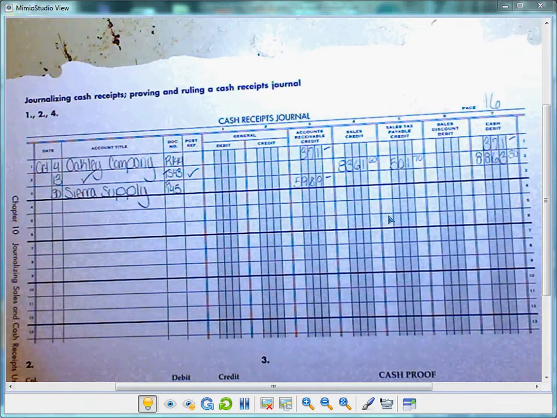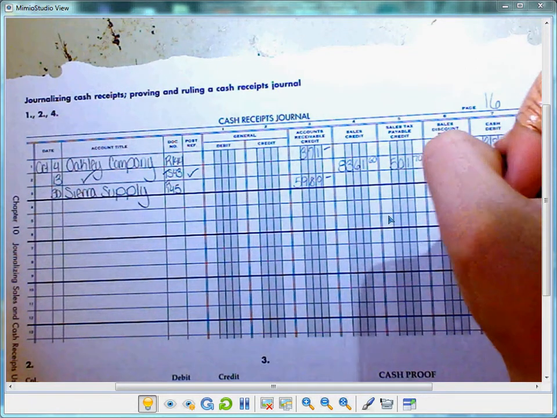Okay, then it told us that we gave them a 2% discount. So you need to take $5,989 times 2%, which is $119.78. What column is that going to go in?